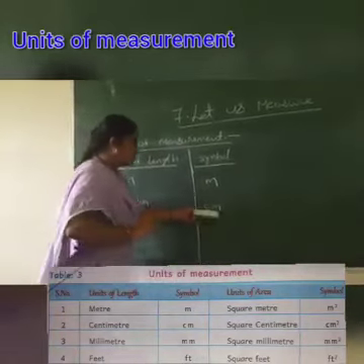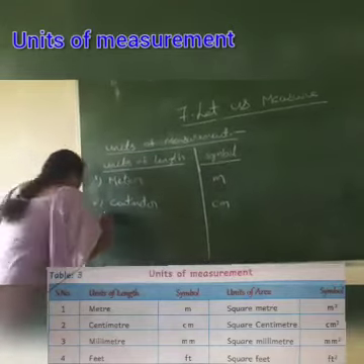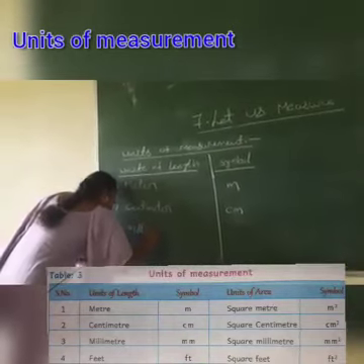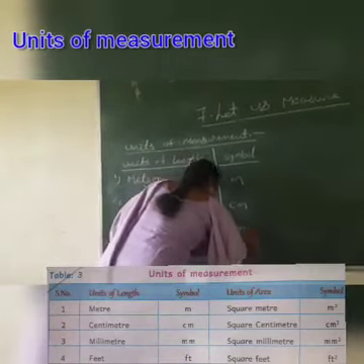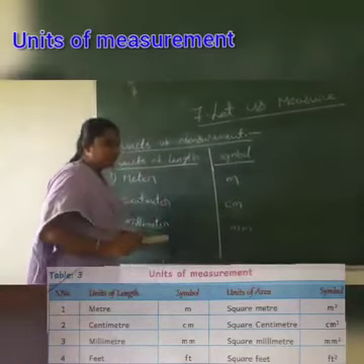This symbol indicates centimeter. And the third one is millimeter. So this small symbol indicates millimeter.